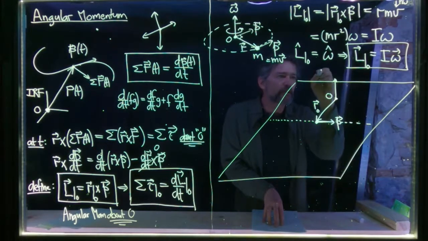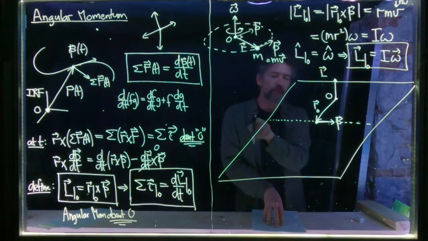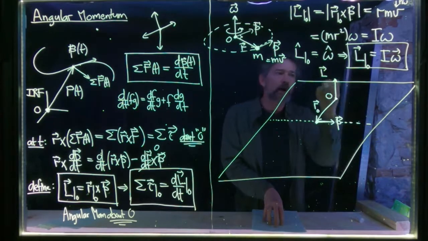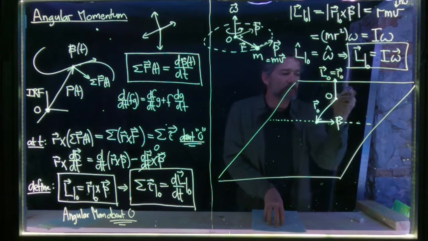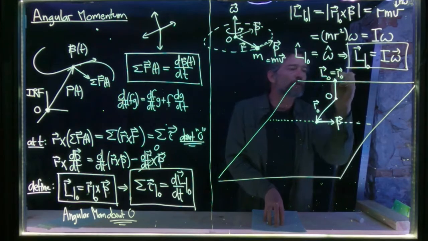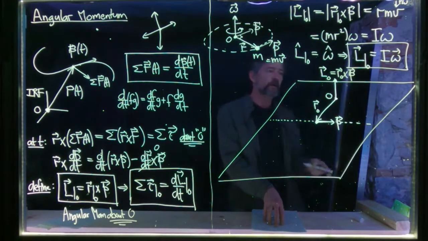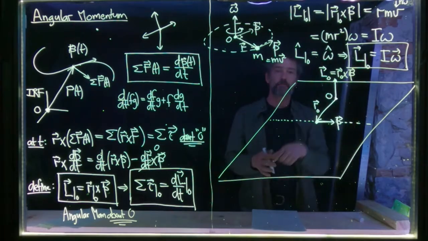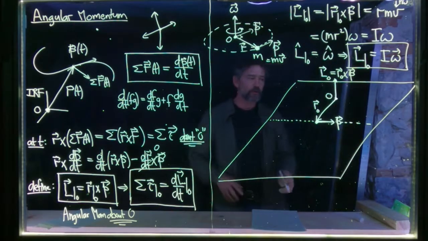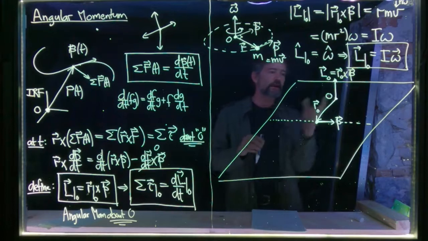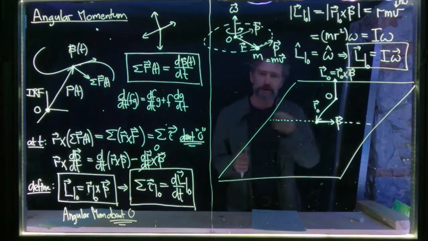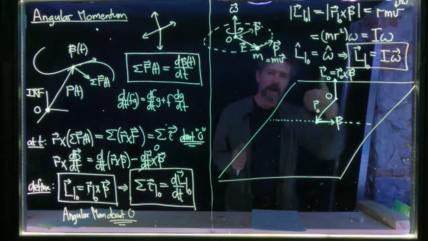So the angular momentum of this object in linear motion about the point O is equal to the position r about the point O, cross product with the linear momentum. That vector r cross p is up, pointing perpendicular to the plane. So what it's saying is that this object in linear motion has angular momentum.